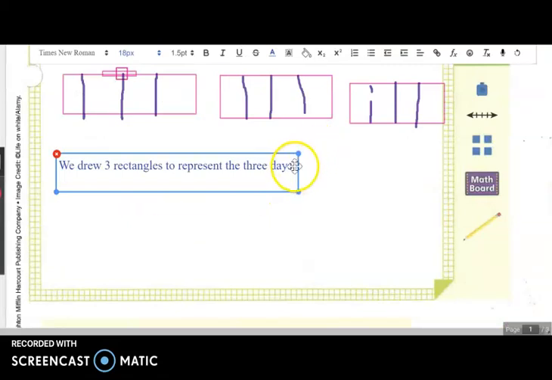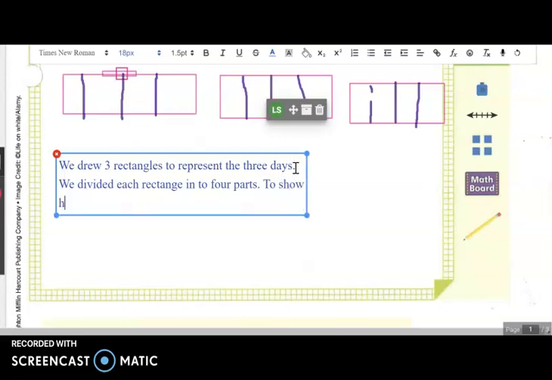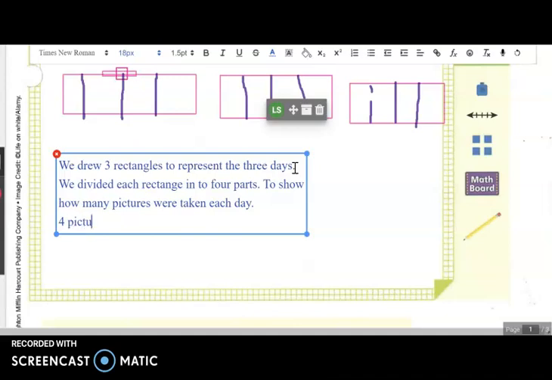Okay, what did we do after we did that? We divided each rectangle into 4 parts to show how many pictures were taken each day. 4 pictures were taken each day.